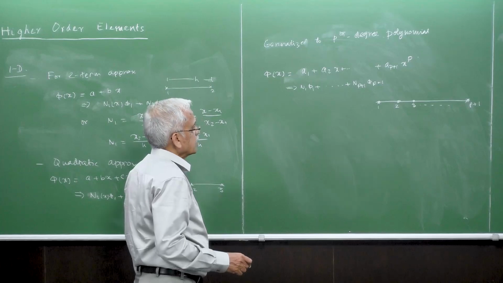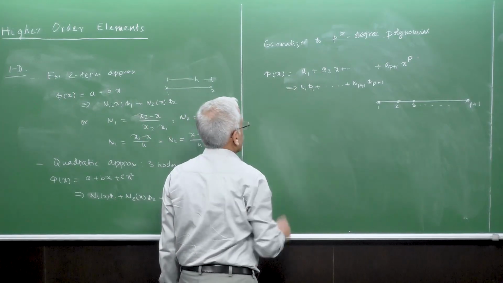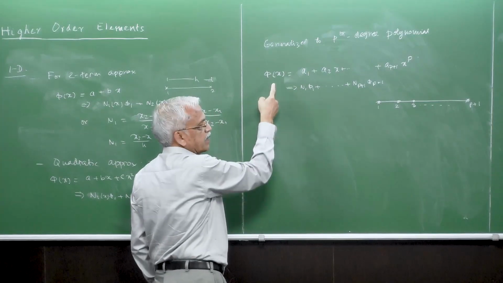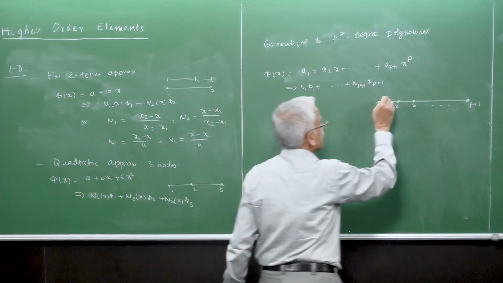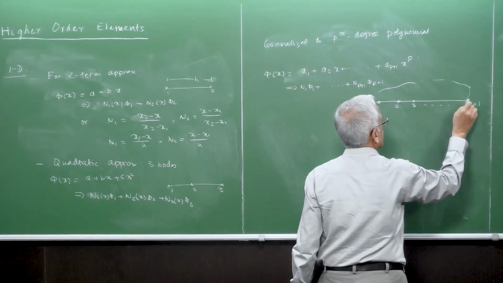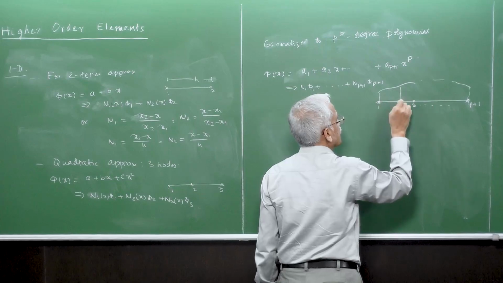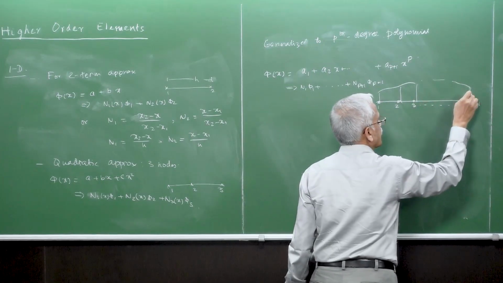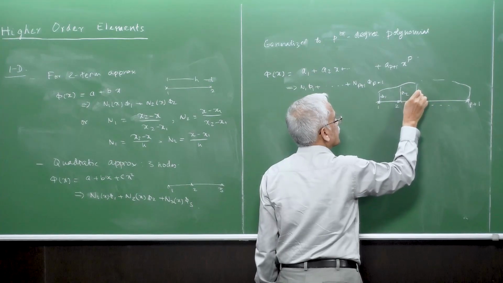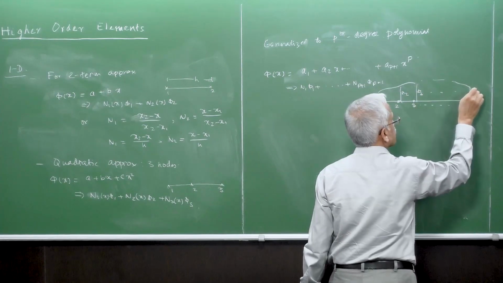And so we know that now here, we'll assume a value of phi 1, phi 2, phi 3 up to phi_(p+1).